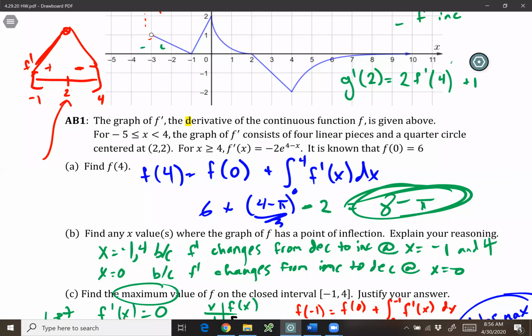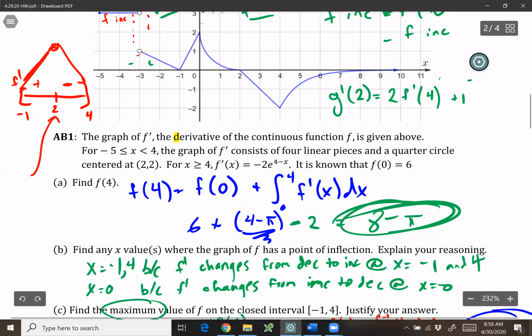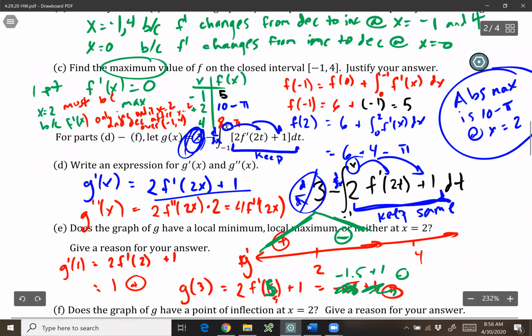Because when we plugged in 2, we're getting this F prime of 4. That's this guy here. Okay, we can tell that we're going to have some kind of a critical point there. So it's a little bit weird to think about, but on that graph, we're going to have a critical point.